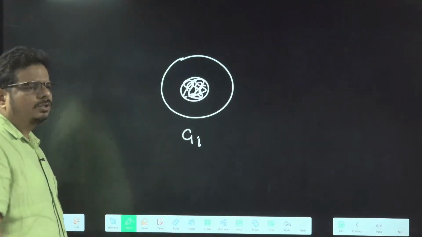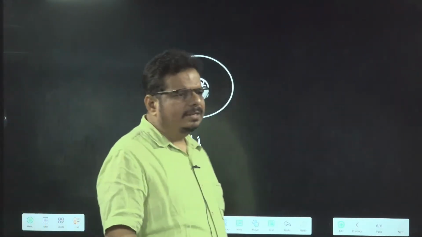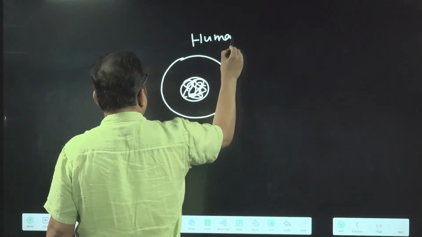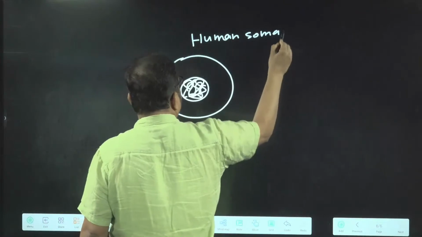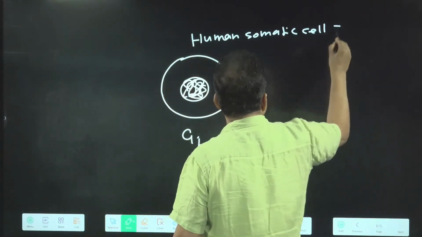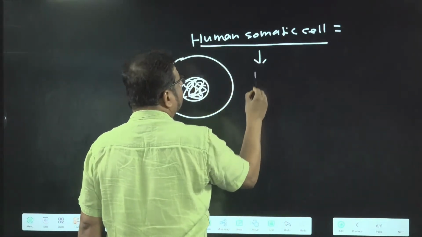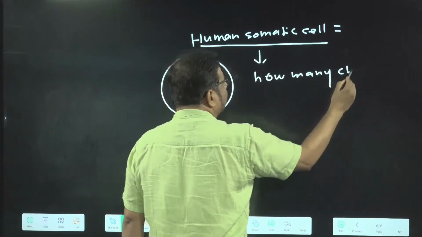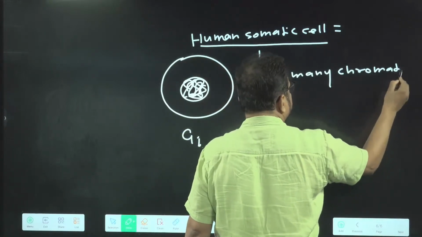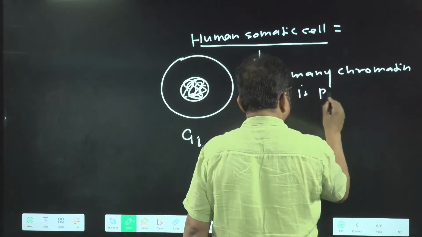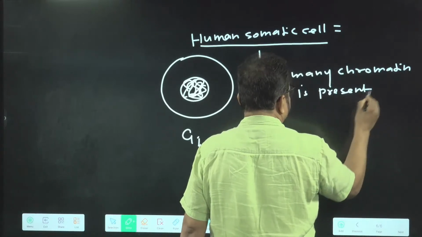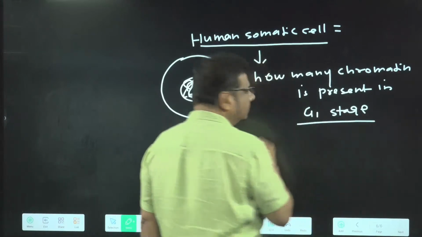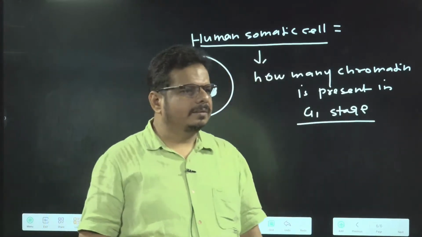In G1 stage of the human somatic cell, how many chromatin are present? Answer it.